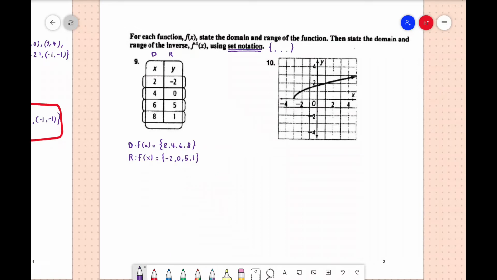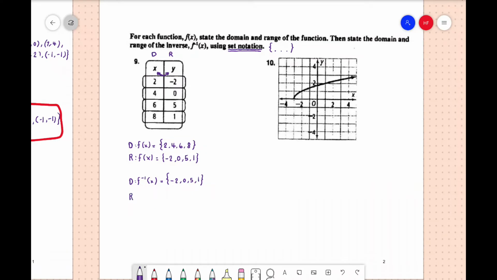Now I need to find the domain and the range of the inverse. Remember, we're switching our x and our y values. So the domain of the inverse of f of x is going to be my y values. So -2, 0, 5, and 1.